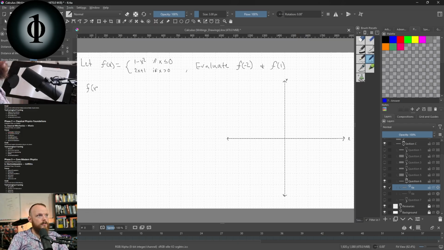So f of x is equal to 1 minus x squared. I'm just going to plug values in. Over here is when we're less than or equal to 0. 1 minus 0 is 1, so when x is 0, y is 1.